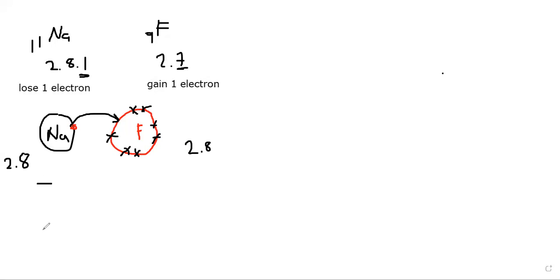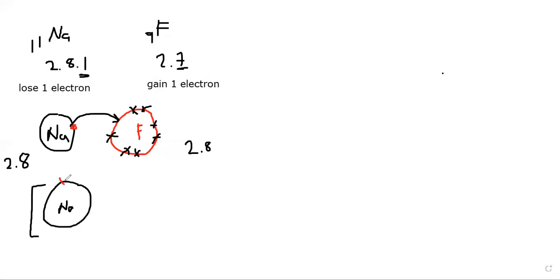Now, whenever an atom loses or gains an electron, ions are produced. If the atom loses electrons, it forms a positive ion. So the sodium atom, well, it's no longer an atom, but the second shell is what it has now.